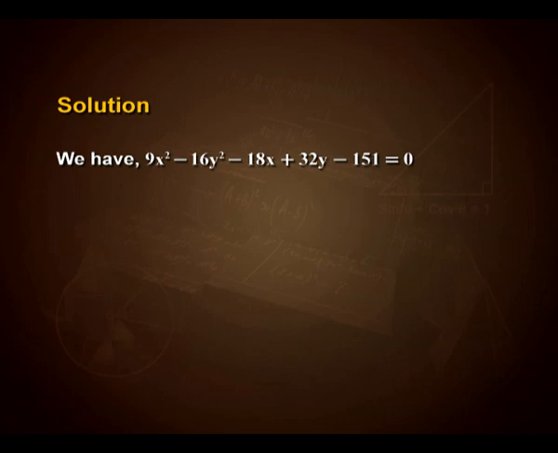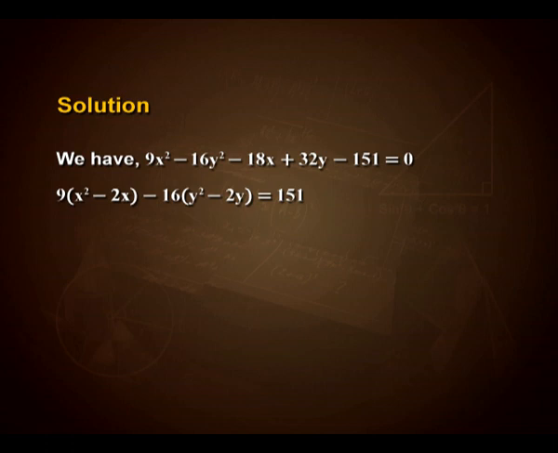In the solution we have 9x square minus 16y square minus 18x plus 32y minus 151 is equal to 0, which can be written as 9 into (x square minus 2x) minus 16 into (y square minus 2y) is equal to 151.